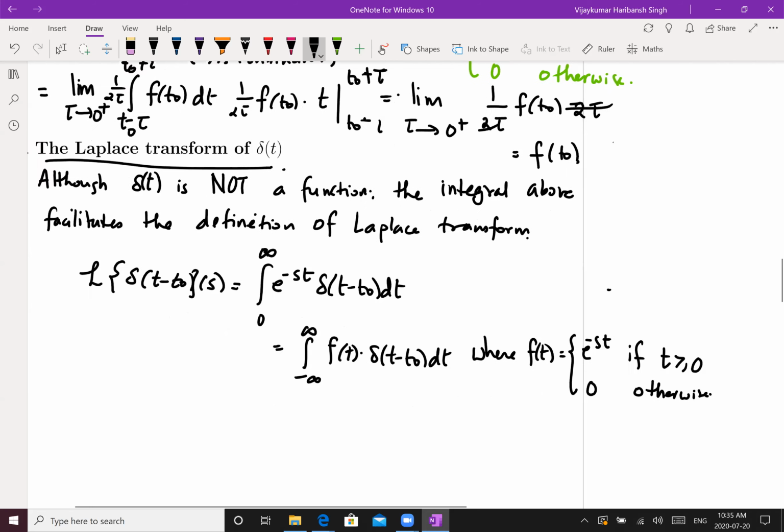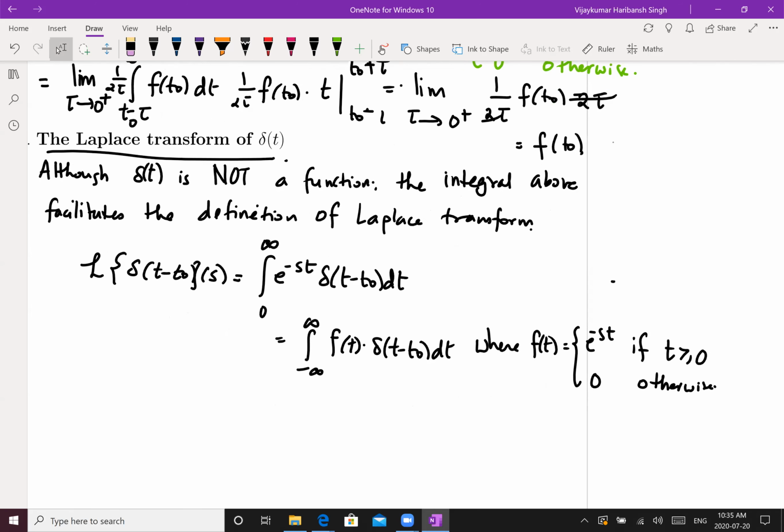So this can be written as e to the power minus s t naught.